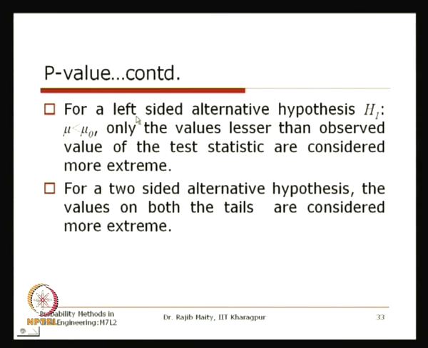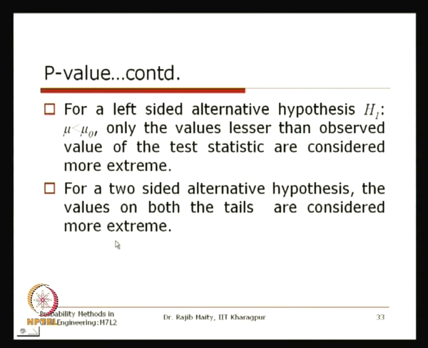For a left-sided alternative hypothesis, when mu is less than some threshold value, only the values lesser than the observed value are considered more extreme. For a two-sided alternative hypothesis, the values on both tails are considered more extreme.